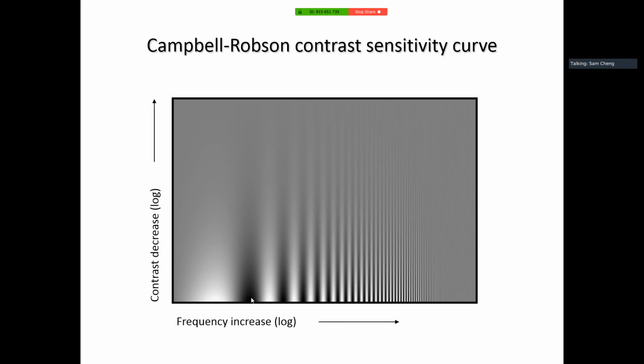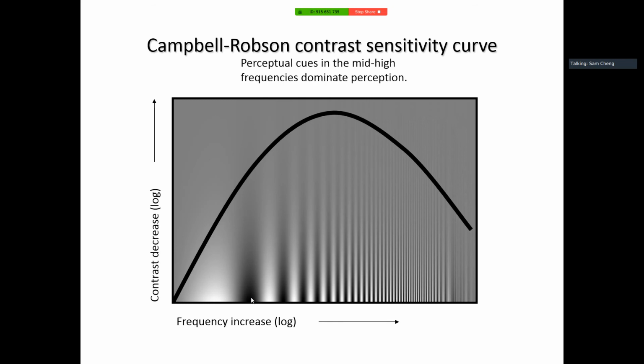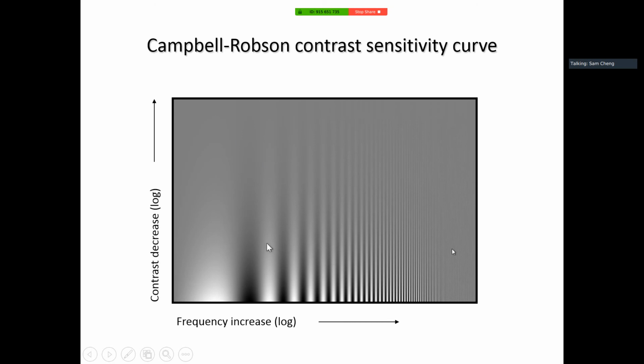Human vision is, this is hard to see, but relatively speaking, this is a chart called the Campbell-Robson sensitivity curve. What do you see? This chart is showing that when I go down the y-axis, there is more high contrast, and when you go higher up the y value, the contrast keeps decreasing.